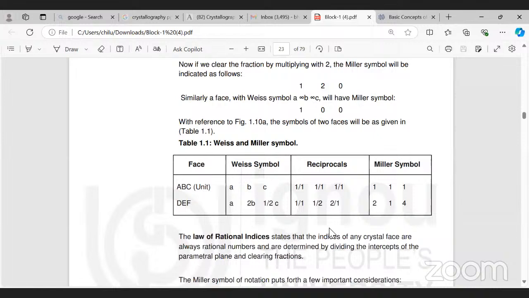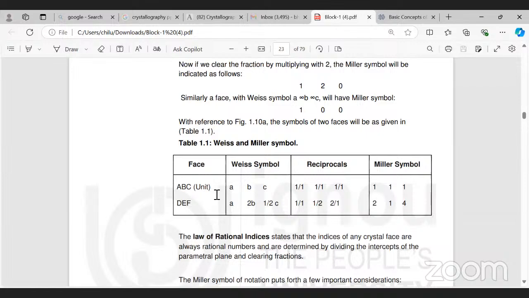These are the types of indices based on the formation of different crystals, and the symbols are indicating the faces, the symbols which indicate these faces of a crystal.